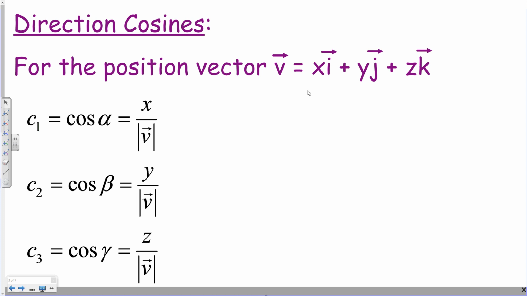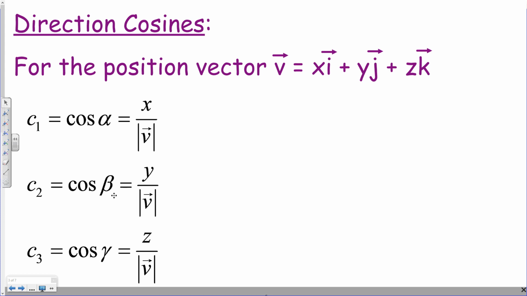So given the position vector v, which is equal to x times our unit vector I plus y times our unit vector j plus z times our unit vector k, the same position vector we were talking about on the previous slide, the cosine of alpha, which we define as C1, is just equal to x over the magnitude of vector v. Again, look at the previous slide, and that shows you directly where these little formulas are coming from.